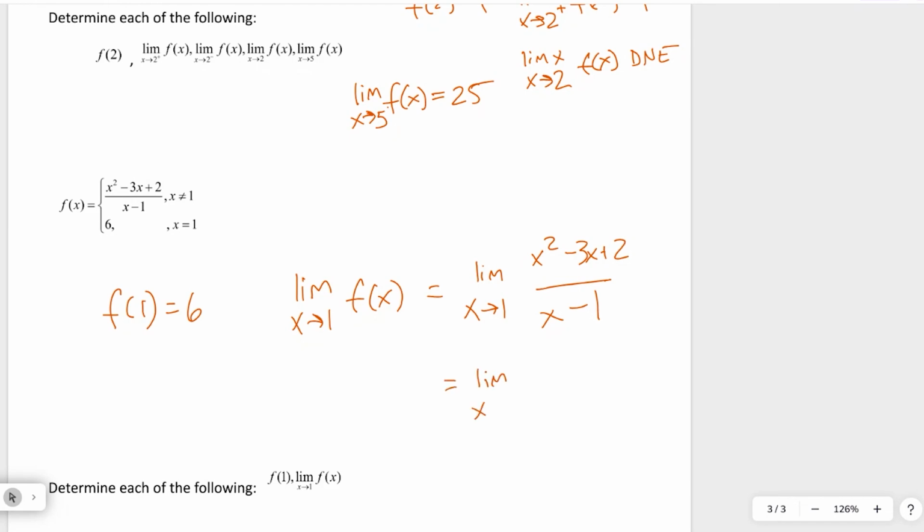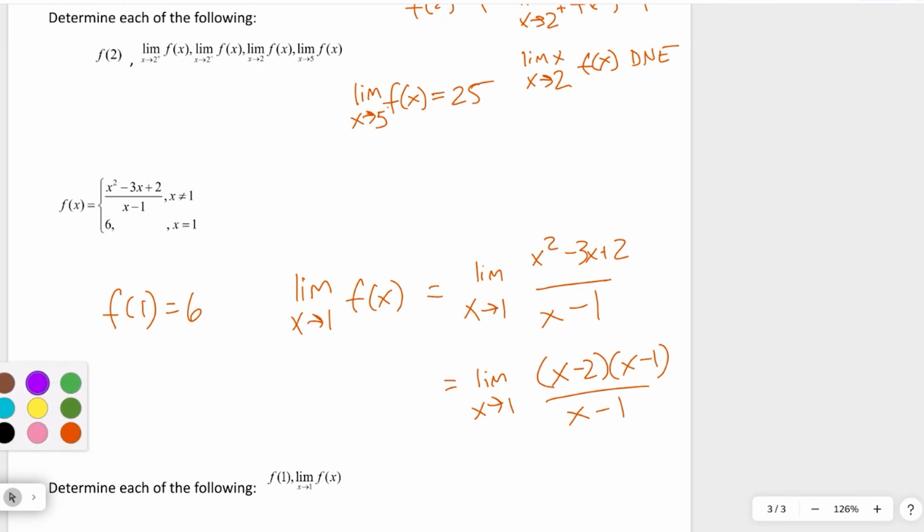So the limit as x approaches 1, the numerator factors as x minus 2 and x minus 1. And if you're struggling with the factoring, know that these are going to be set up so that we can get something to cancel. The clue is that one of the factors is probably going to be x minus 1, and that can help you figure out what the other factor is.